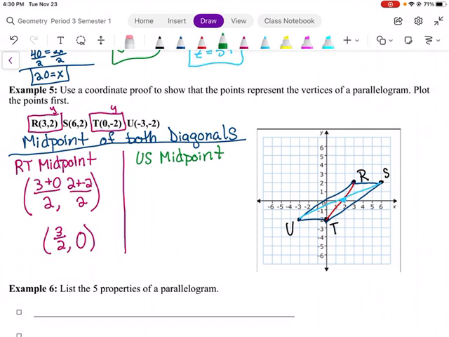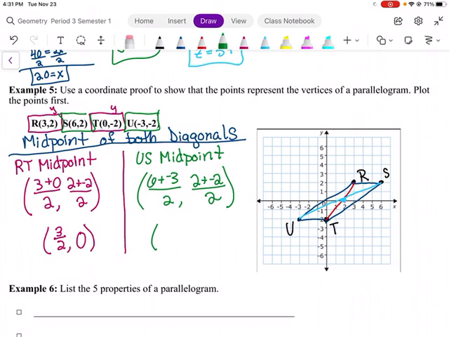So if you want, you can pause the video and find the midpoint and then check your answer after you have found it. When you set this up, you should have put 6 plus negative 3 over 2, and then 2 plus negative 2 all over 2.